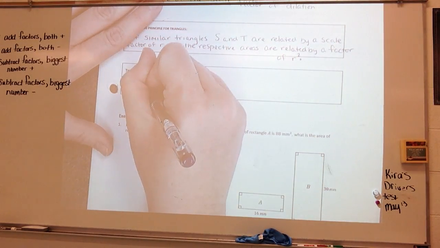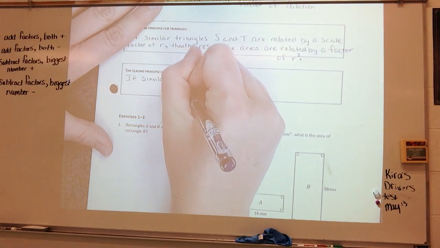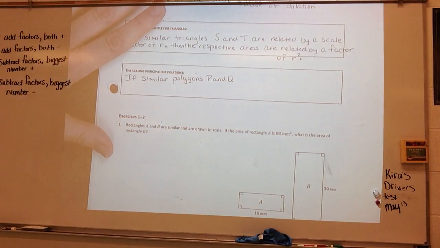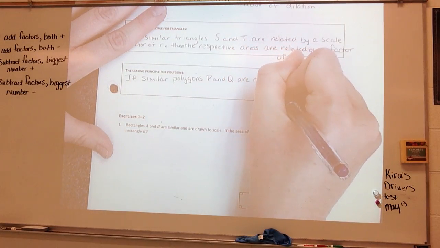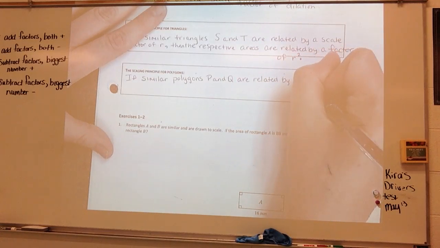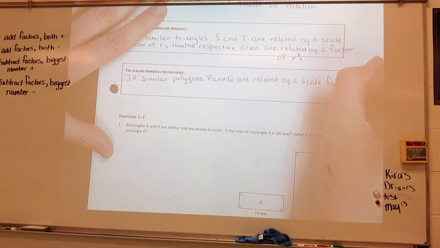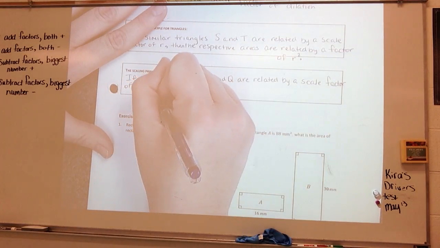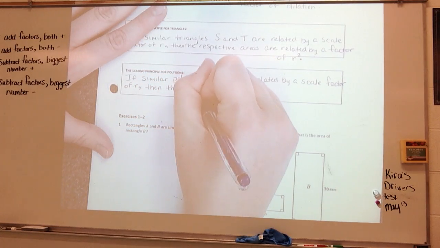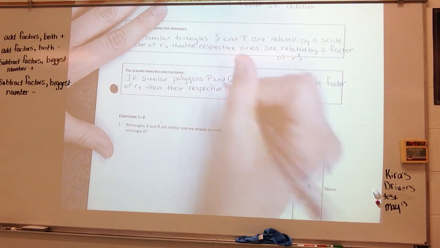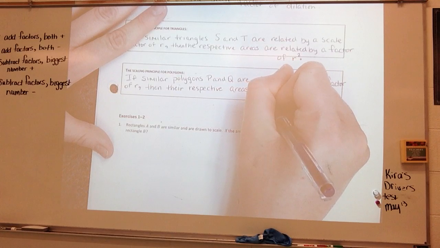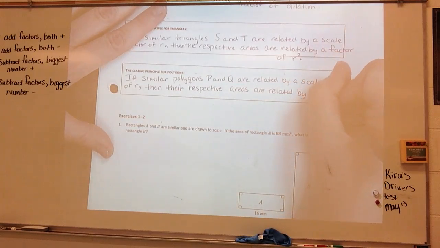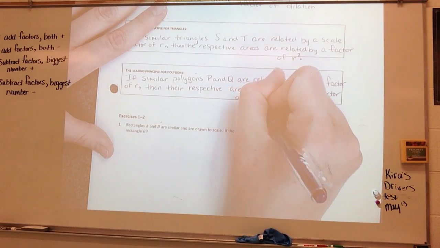If similar polygons, and we'll just say P and Q, are related by a scale factor of R, then their respective areas are related by a factor of R squared.